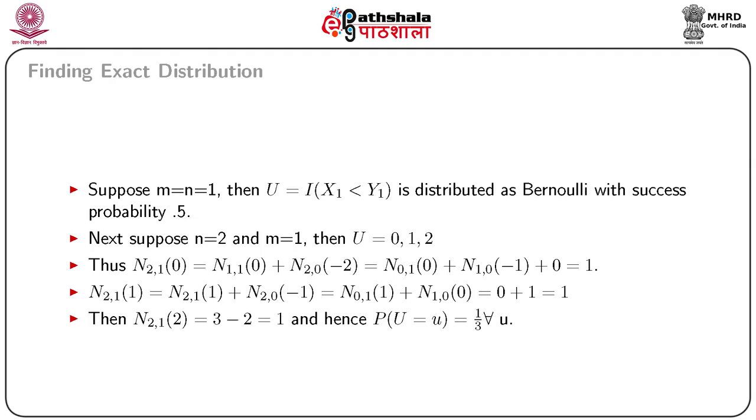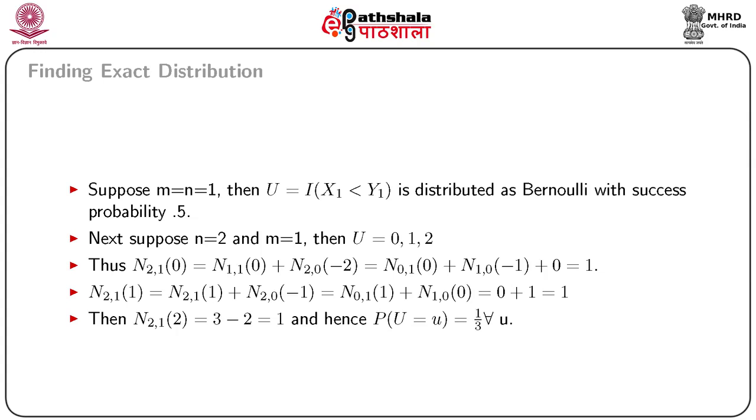Next, suppose n equal to 2 and m equal to 1. Then u takes the values 0, 1 and 2. Using the recursion relation, we find that N_{2,1}(0) is nothing but the sum N_{1,1}(0) plus N_{2,0}(0-2). Now, N_{2,0}(0-2) equals 0 as u is always non-negative.